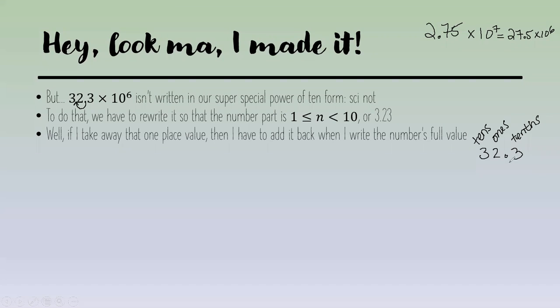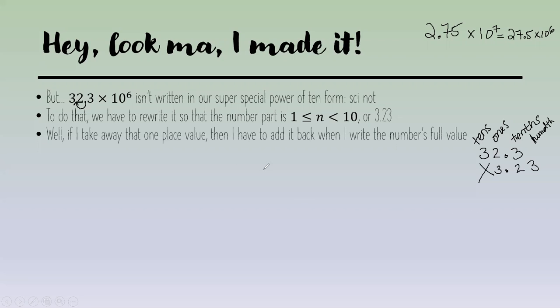I took away a place value because now I no longer have tens. Now I have hundredths. And yes, I know I spelled that wrong, but I was running out of space. Now I have 3 ones, 2 tenths, and 3 hundredths. So I have taken away a place value.